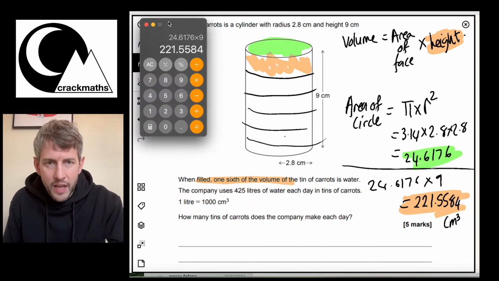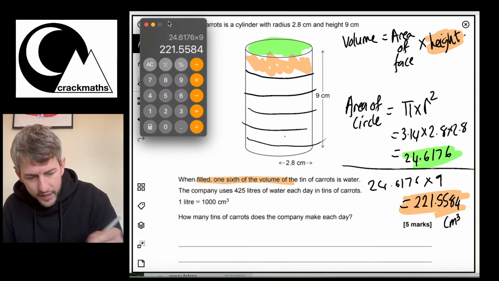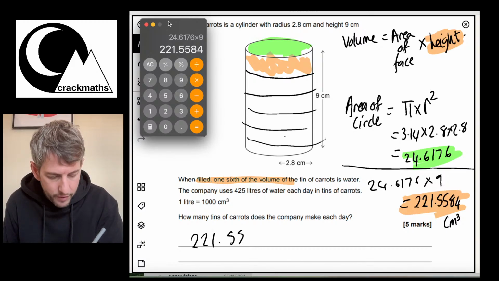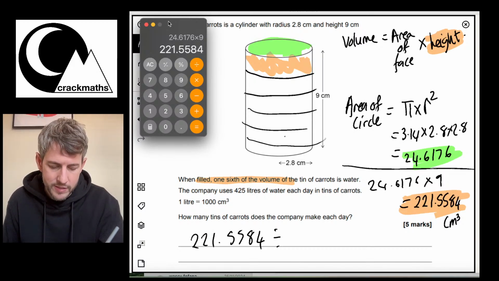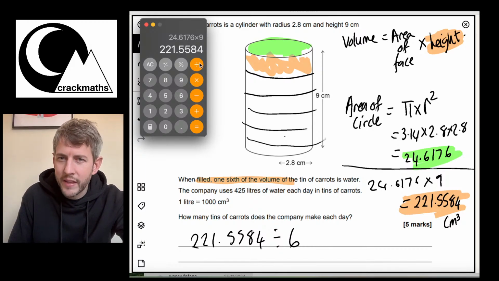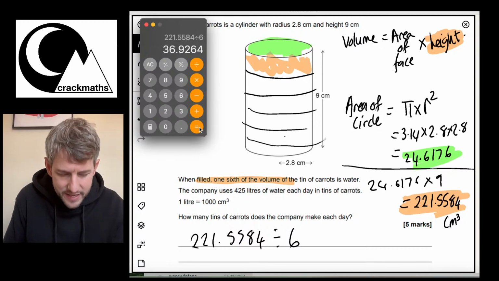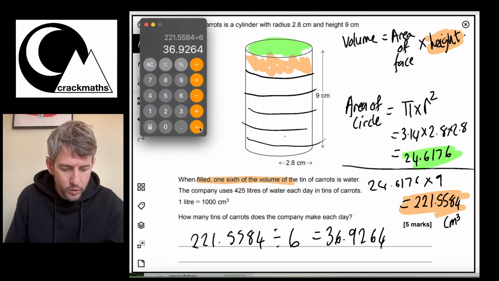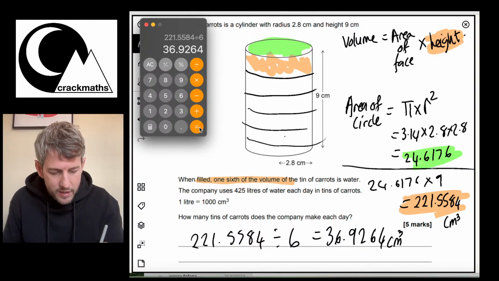So if I want 1/6 of this, I need to do 221.5584 divided by 6. Luckily, this number's already on the calculator, so I can then just press divide by 6. And this equals 36.9264 centimetres cubed.